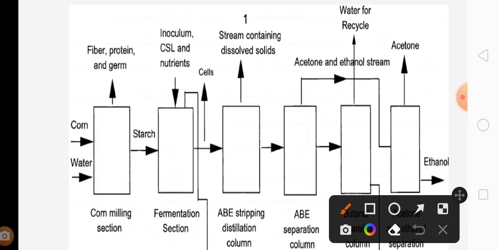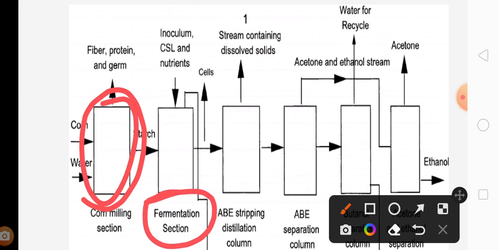Okay? The next step is saccharification. Saccharification is the breakdown of starch into reducing sugars, into simple sugars. After saccharification, this fermentation broth enters into the fermentation section, which contains the inoculum, that is the spores of Clostridium beijerinckii, and CSL.